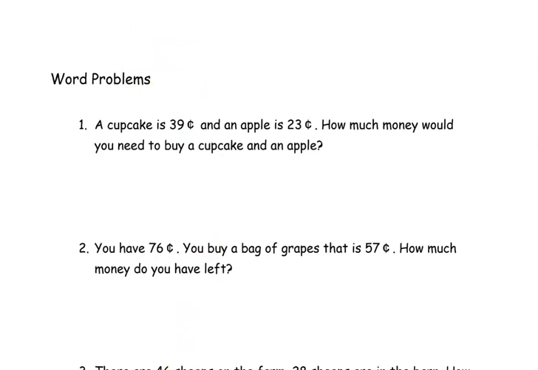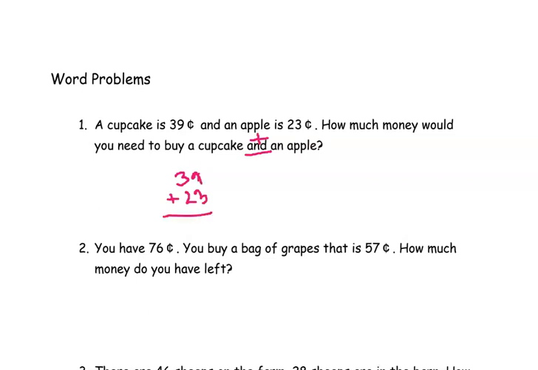A cupcake is 39 cents and an apple is 23 cents. How much money would you need to buy a cupcake and an apple? That keyword "and" is there, therefore the sign will be positive. We add 39 and 23.